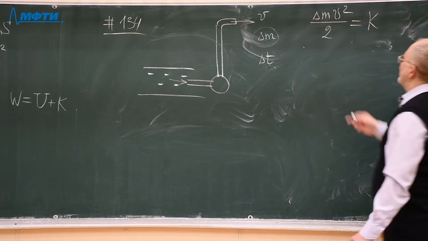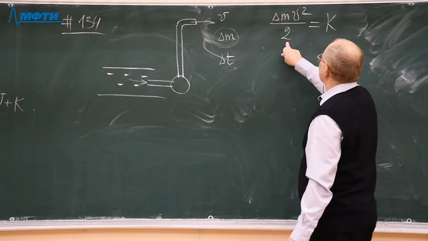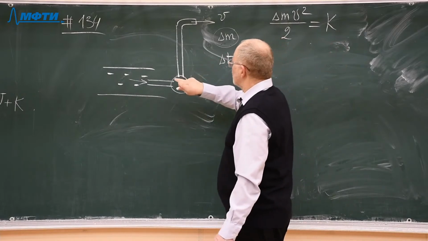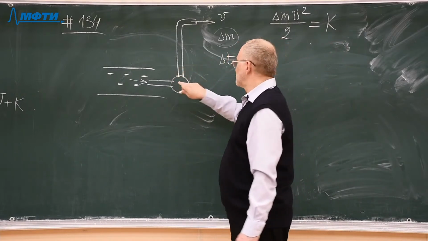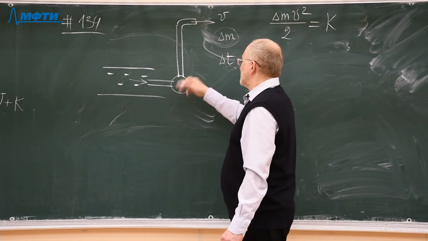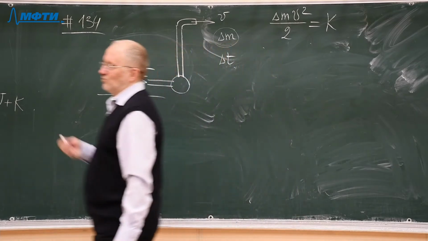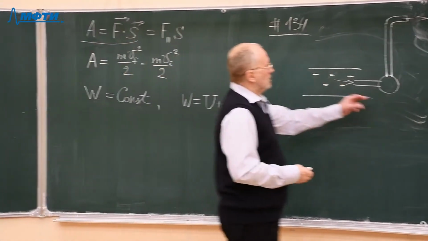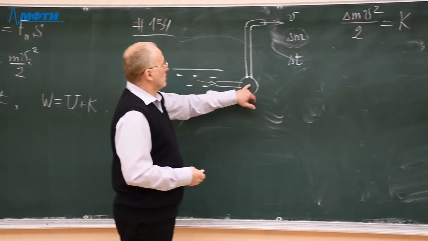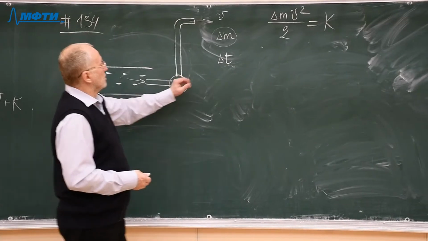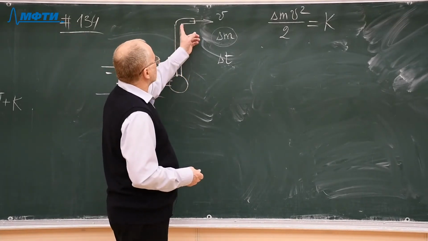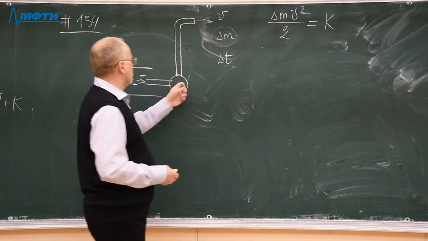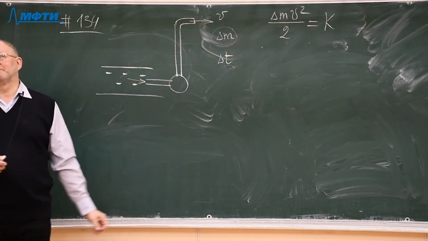So where does this water obtain its kinetic energy from? It gets the kinetic energy from the pump. The engine of the pump works and produces some work and spends some energy, and so the water obtains some velocity because it's pushed by the pump.